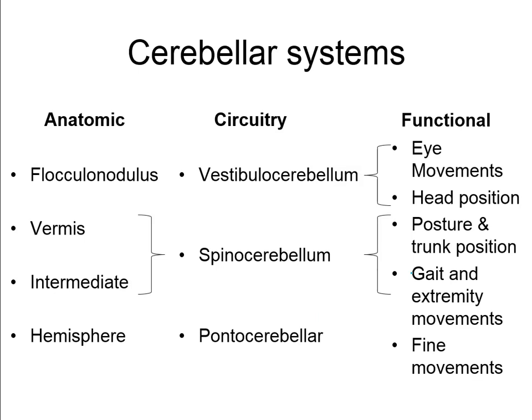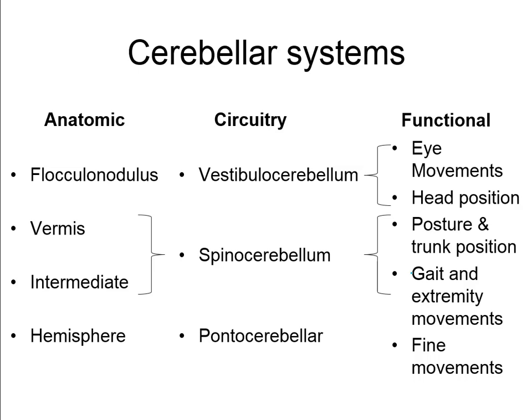All right. So when we think about that circuitry, we can think about what we call vestibulocerebellum, spinocerebellum, and pontocerebellum. And those are named based on the major inputs. Pontocerebellum, base is pontos. The target will be the hemisphere, and it's for extremity movements and especially fine movements.